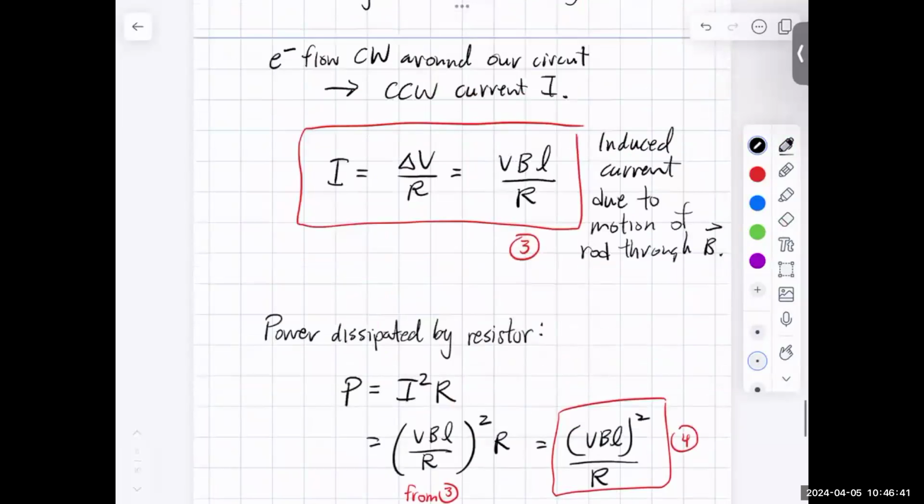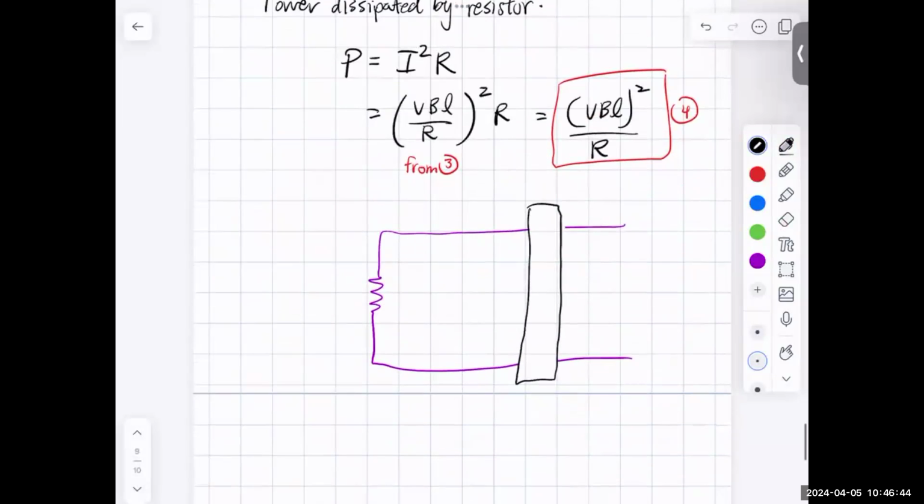And then we had a magnetic field that was going into the screen. So that was our setup, right?